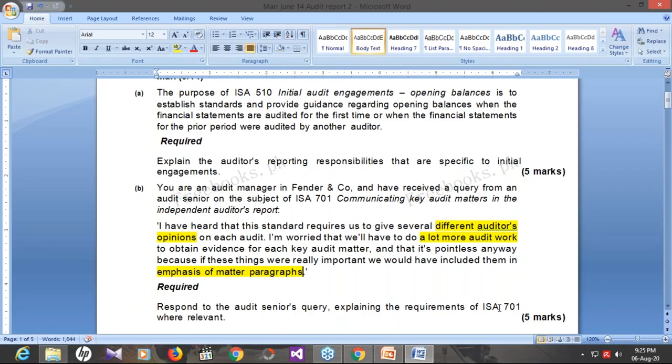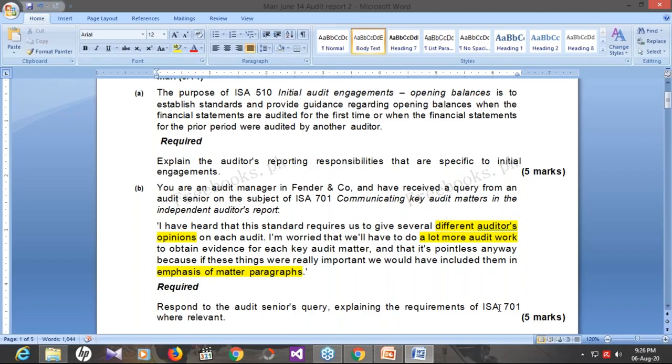You must state that CAM doesn't mean that we are going to modify our opinion. CAM doesn't include any opinion at all. According to ISA 701, the auditor doesn't need to give an opinion on different issues under CAM.